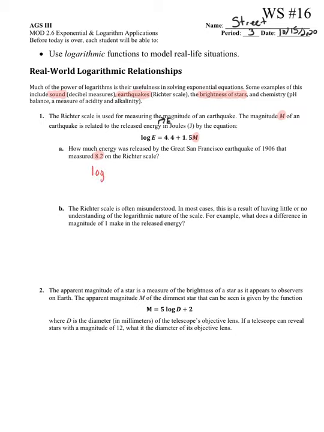So what we'll do is log base 10 of E equals 4.4 plus 1.5 times 8.2. And we're going to figure out how much energy was created by the actual earthquake in 1906. First, we're just going to do 1.5 times 8.2, and then we're going to add the 4.4.